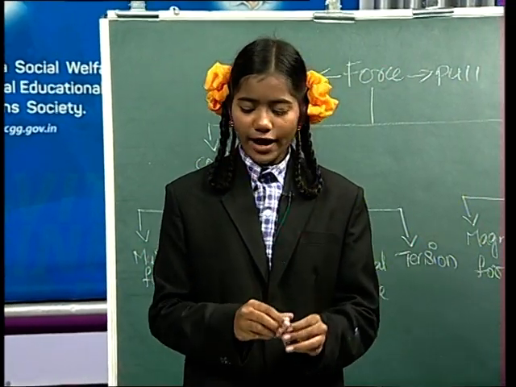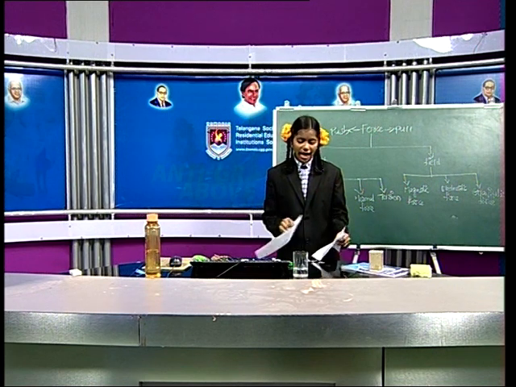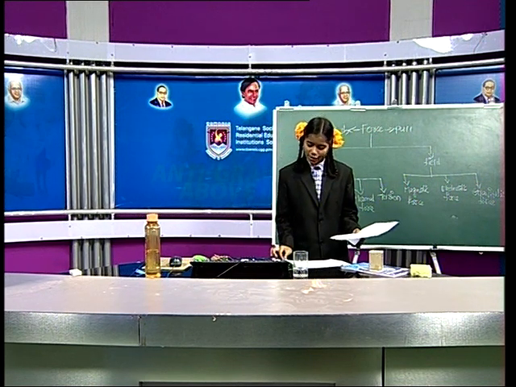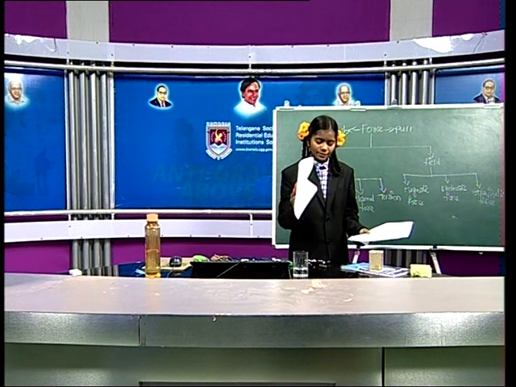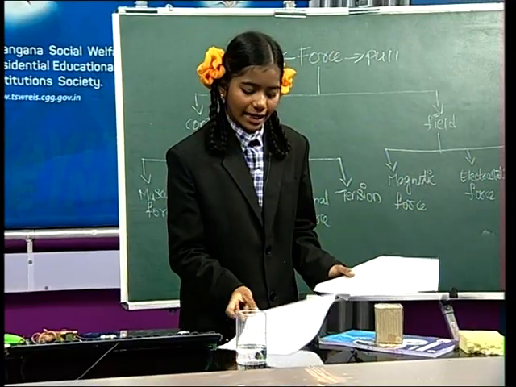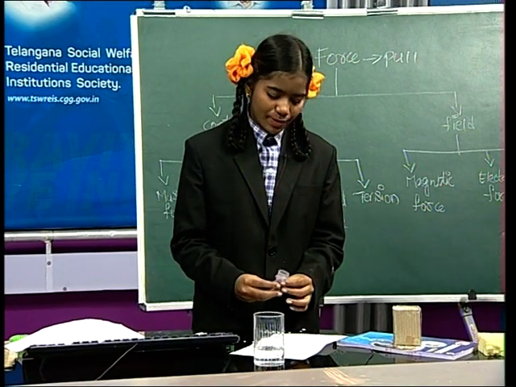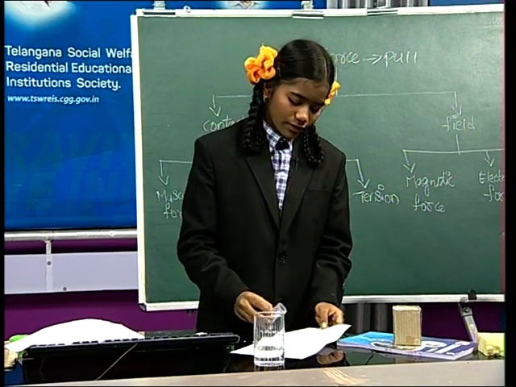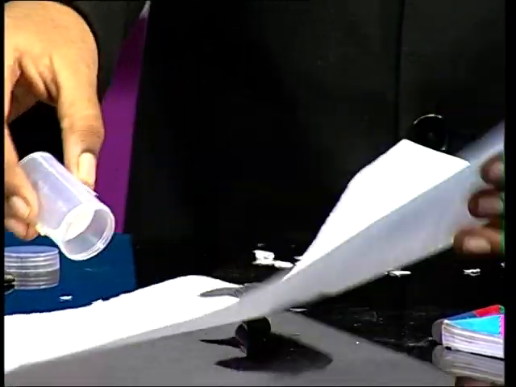Friends, take a bar magnet and place it on the table, and now keep the paper on it, and now on the paper sprinkle some iron filings.